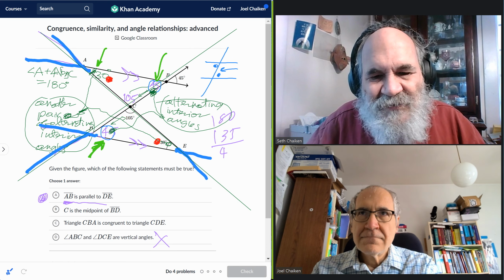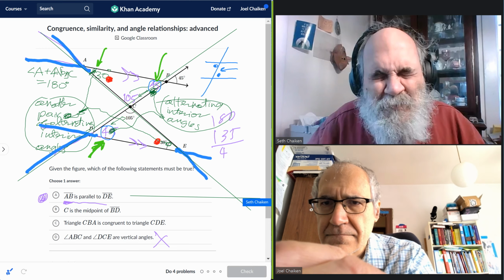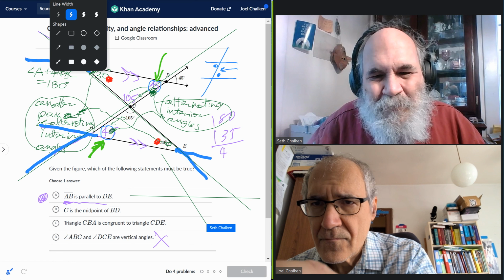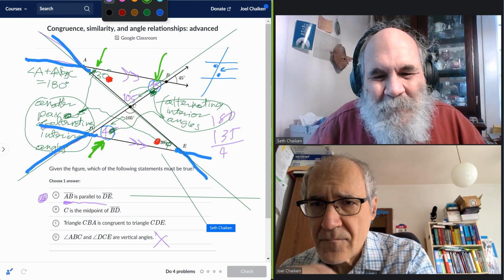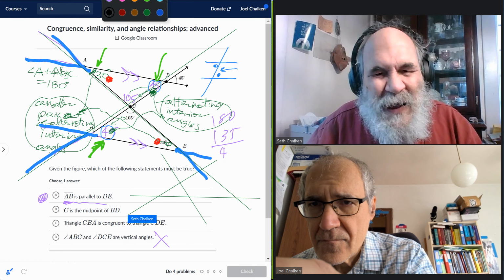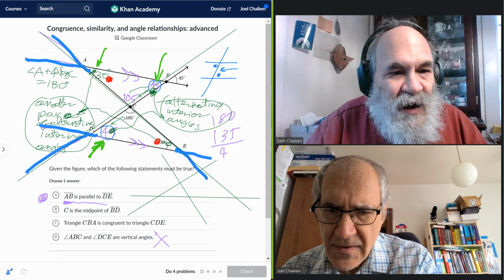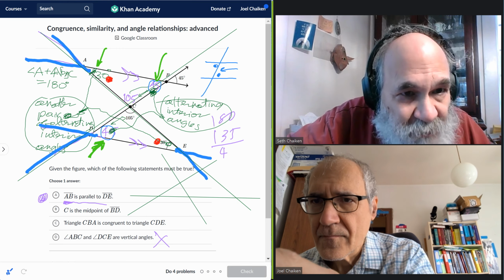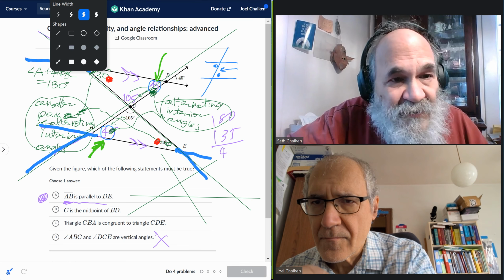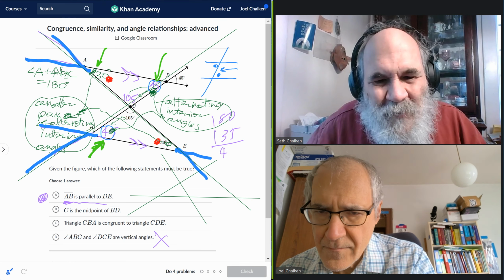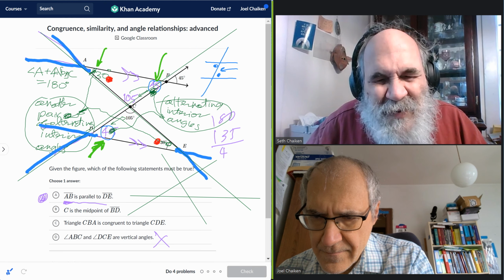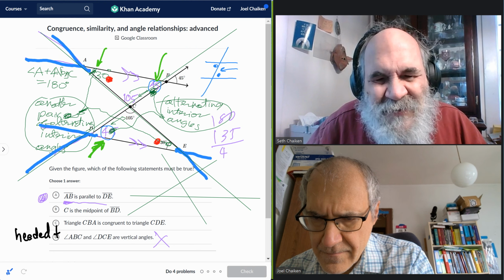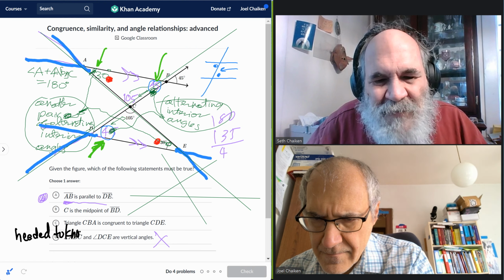Suppose a fixed line like this, and then you have two transversals. I'm going to draw in purple for a variable line. So we have three lines.